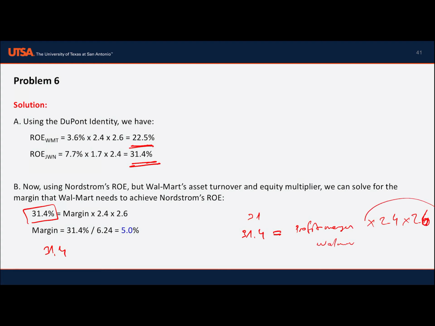So we multiply the two numbers and divide 31.4 over the multiplication, which is 6.24. So we find 5% profit margin for Walmart.